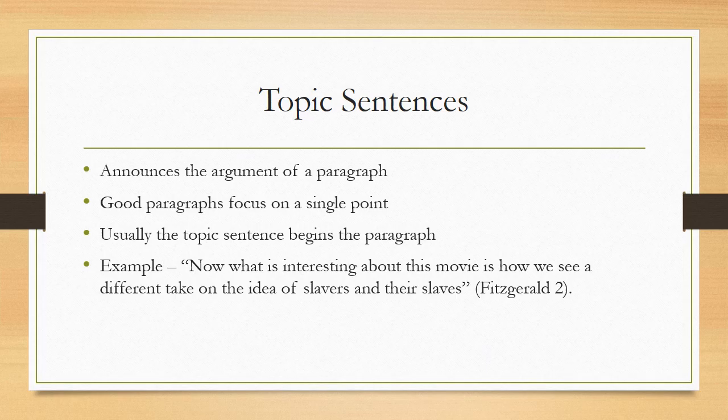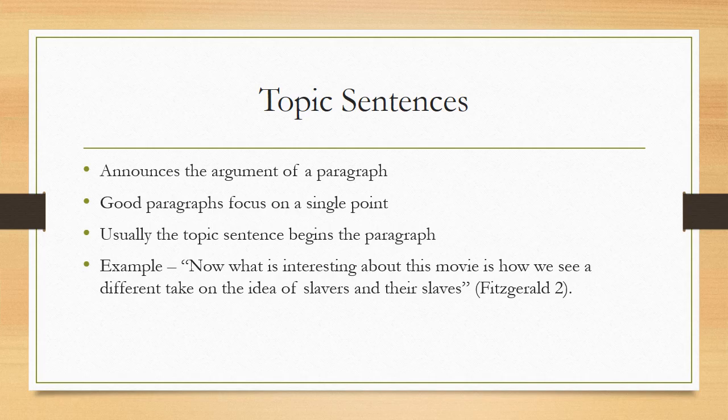"Now, what is interesting about this movie is how we see a different take on the idea of slavers and their slaves." Again, not worded as clearly as it could be, but the point here is we've got a clear connection to the thesis, and we've got a position. So if you read the student's introductory paragraph, you see that their main point is that the film Django Unchained gives a really unique perspective on slavery.